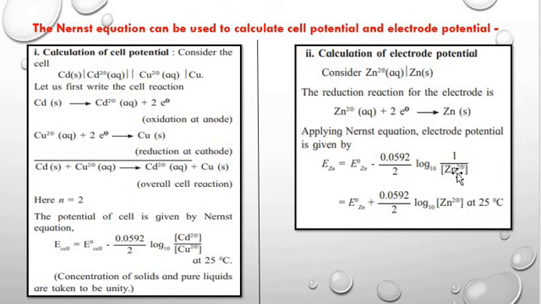So on reversing this, we get E Zn is equal to E naught Zn plus 0.0592 upon 2 log base 10 of the concentration of zinc ion at 25 degrees Celsius. This is how we calculate the cell potential and electrode potential.